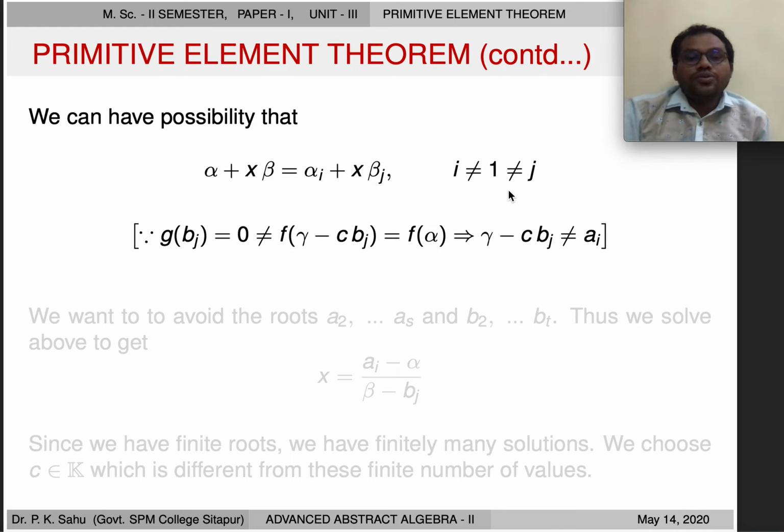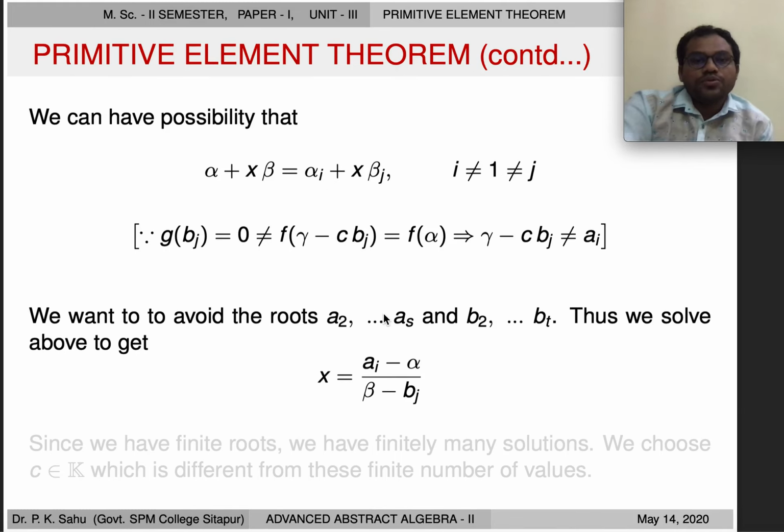We don't want f(gamma minus c bj) to be 0. Therefore, to solve this equation, where i goes from 2 to s and j goes from 2 to t, we get x equal to (ai minus alpha) over (beta minus bj).